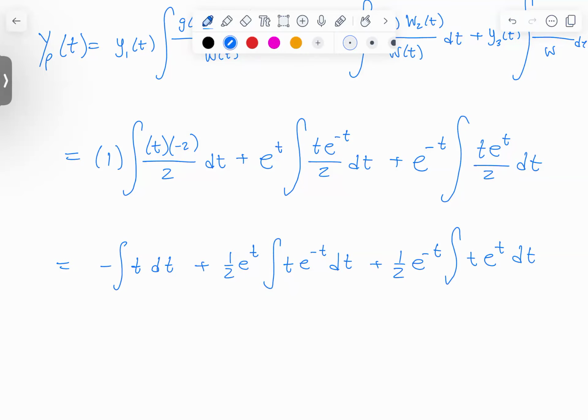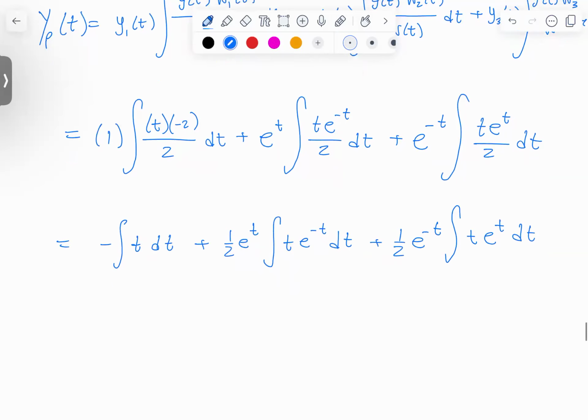This simplifies down actually pretty nicely. First integral, piece of cake: t squared over 2. What about the second two? By parts. Our favorite method, by parts.